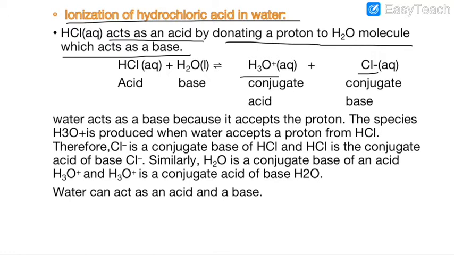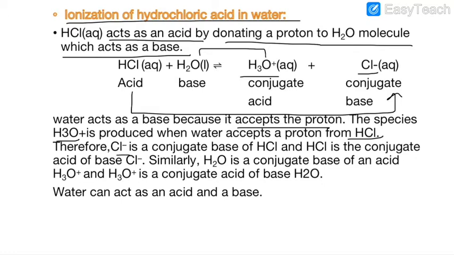Here HCl and Cl minus are a conjugate acid base pair, and H2O and H3O plus are a conjugate acid base pair. Water acts as a base because it accepts the proton. The species H3O plus is produced when water accepts a proton from HCl.